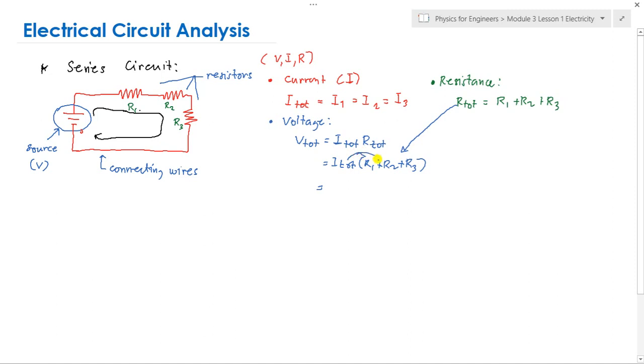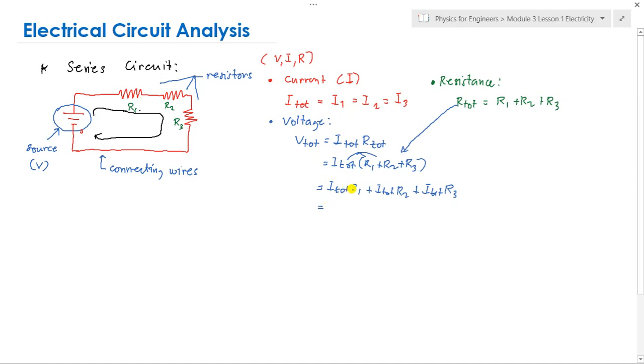Distributing this, we have I total R1 plus I total R2 plus I total R3. Here, the I total is just equal to any of the currents that pass through these resistors.